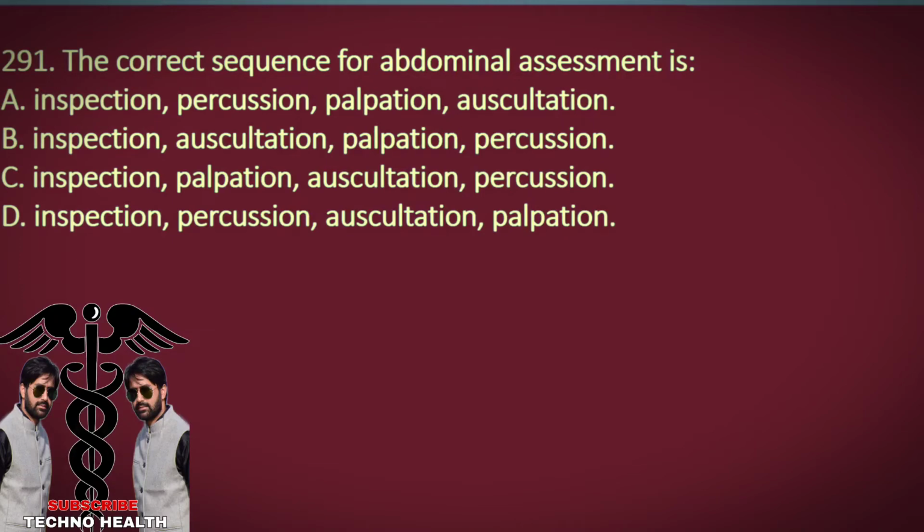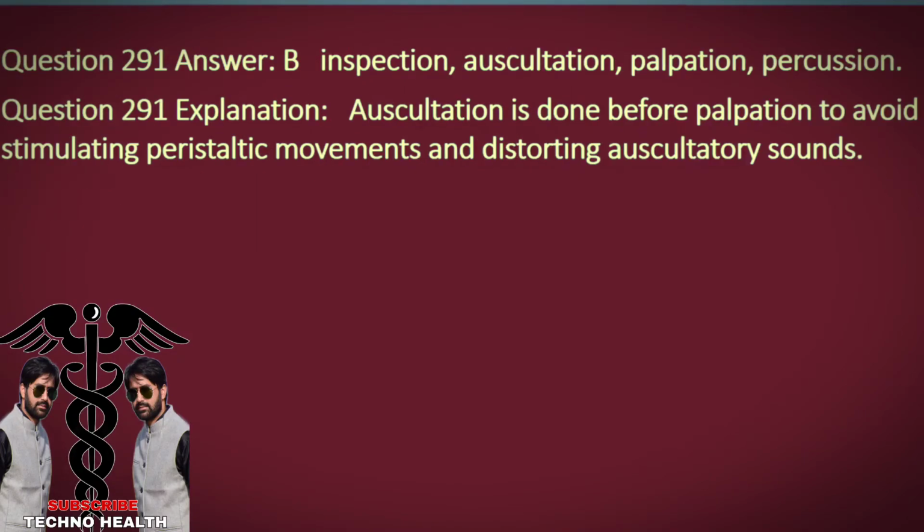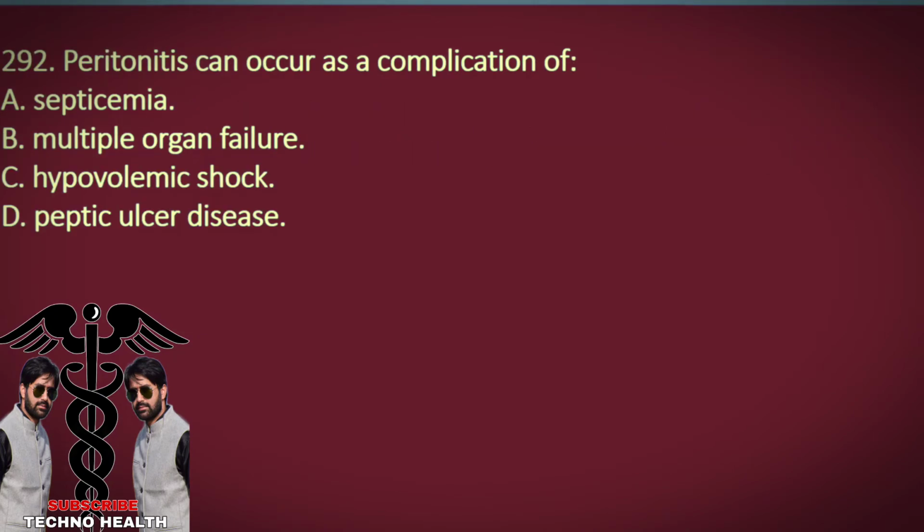D. Inspection, percussion, auscultation, palpation. Question 291. Answer: B. Inspection, auscultation, palpation, percussion. Question 291. Explanation: auscultation is done before palpation to avoid stimulating peristaltic movements and distorting auscultatory sounds.